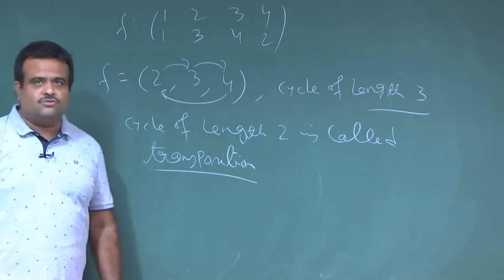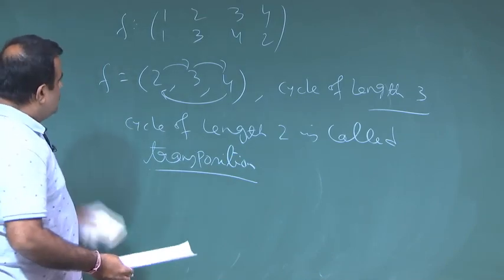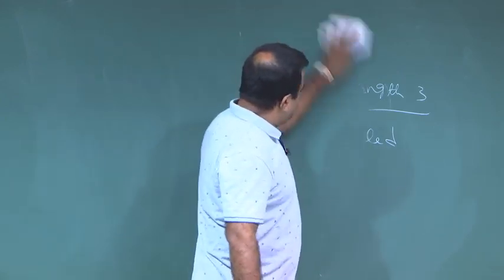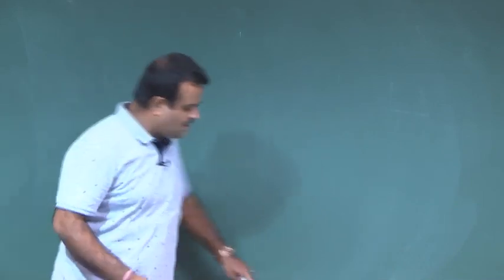Okay, a cycle of length 2 is called a transposition. Now, we will show a theorem telling that every permutation can be written as the product of cycles of length 2.